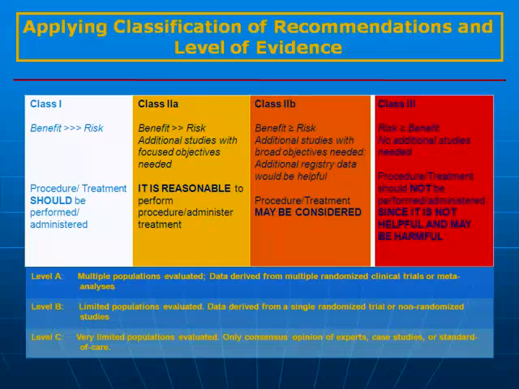For treatments that have been around for a while, for instance, the use of sublingual nitroglycerin to abort acute angina attacks, there's very limited, if any, randomized data telling us that sublingual nitroglycerin should be used for acute angina attacks.